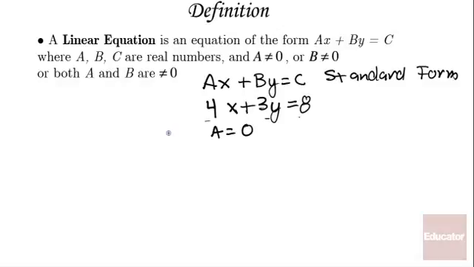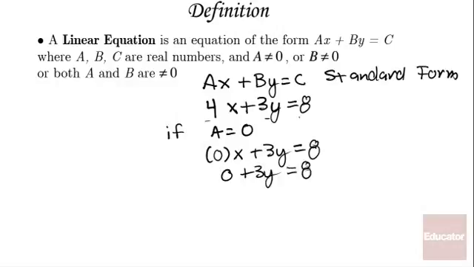So let's let a equal 0. If a equals 0, then what I'm going to end up with is 0x plus 3y equals 8. The rest of my equation is the same, I still have b equals 3 and c equals 8. Therefore, the x is going to drop out, and I have 3y equals 8. So this is okay because b did not equal 0.